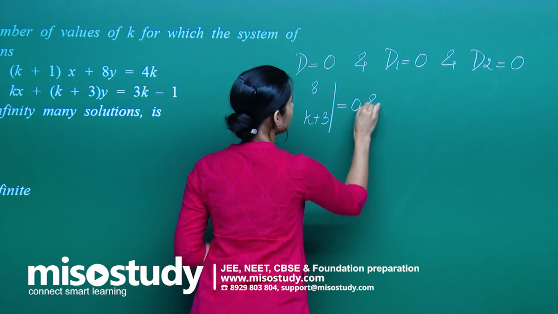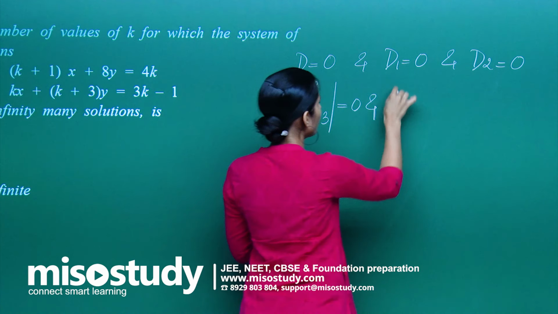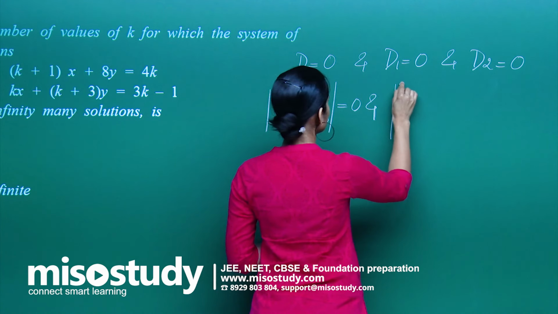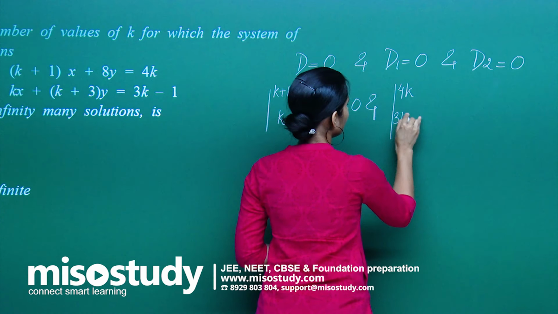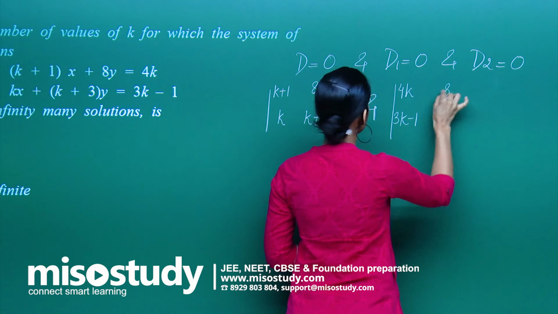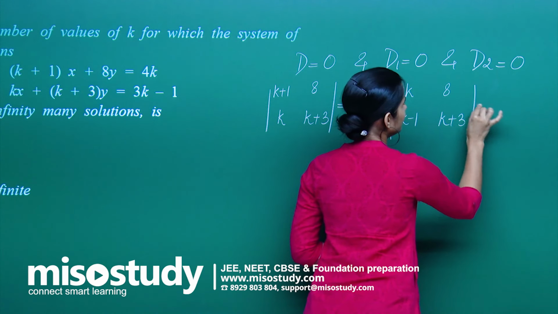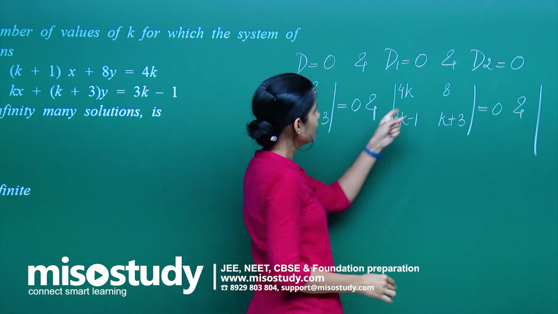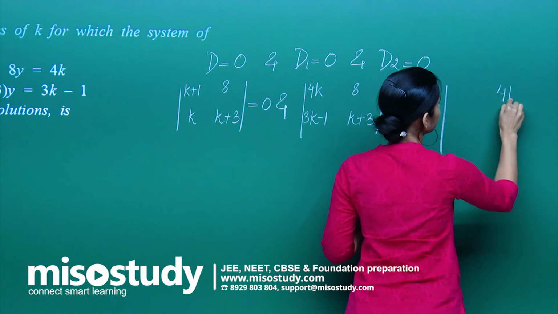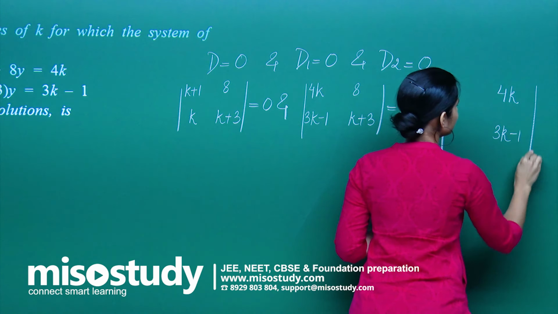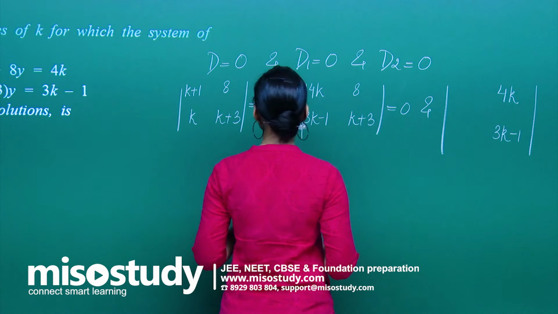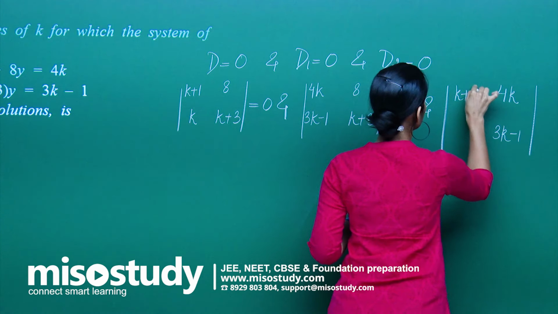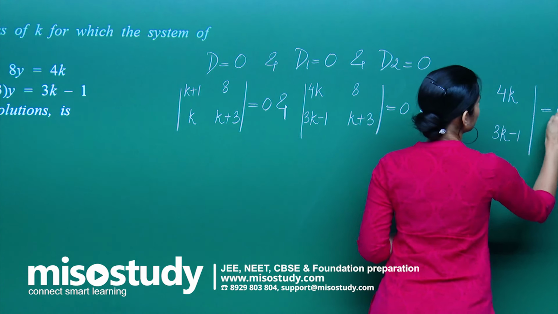This determinant is 0, and when you replace the first column by this particular column vector, 4k, 3k minus 1, and keep the next column the same, 8 and k plus 3, this is 0. And when you replace the second column by 4k and 3k minus 1, this is your d2, and the first column remains the same, k plus 1 and k. This is 0.